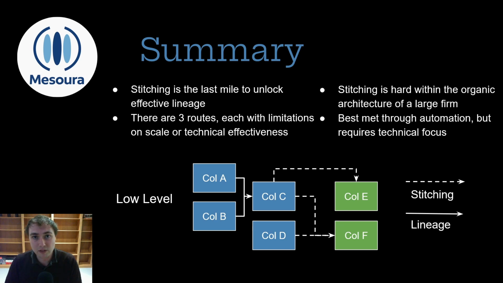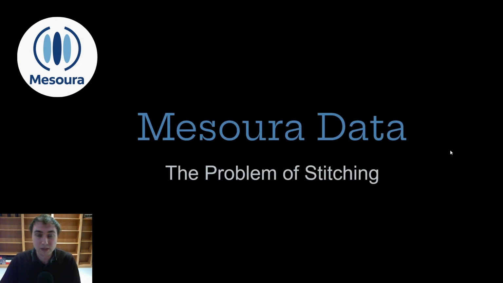There are 3 routes, but each of those routes have their own limitations. And it's best met through automation, but that requires a technical focus that isn't always there. So stitching is critical for Lineage, and yet is very hard to extract and parse out effectively within many contexts. That was the problem of stitching, being able to understand how stitching is the last mile of Lineage.